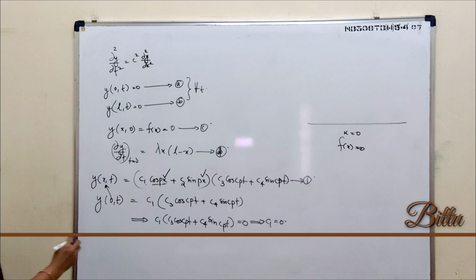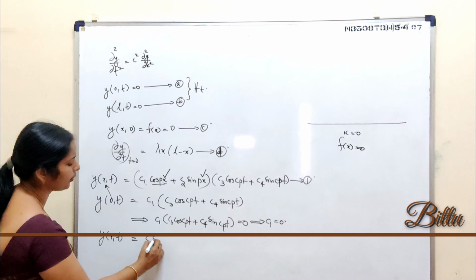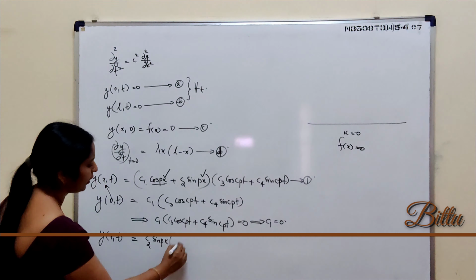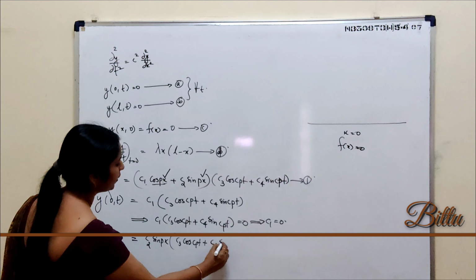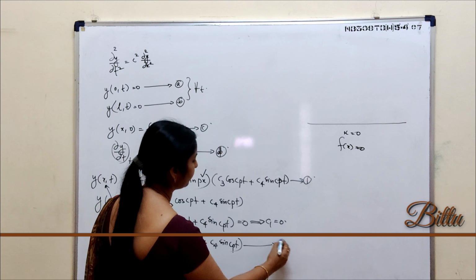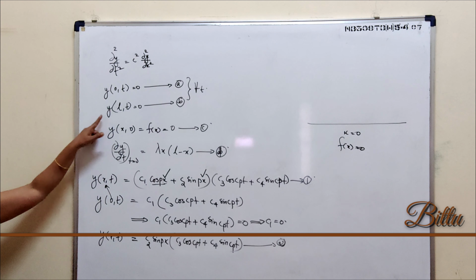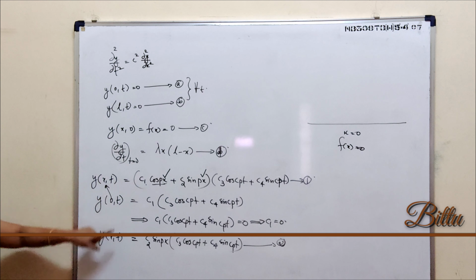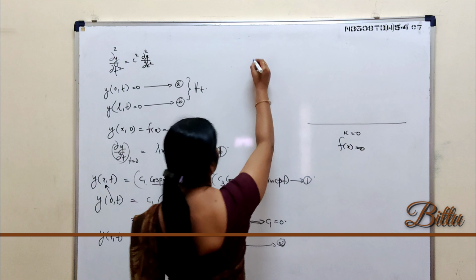You put this in equation number 1. We have y of x,t is equal to c2 sin px into (c3 cos cpt plus c4 sin cpt). That is equation number 2. Next, we have to substitute the condition y of l,t equal to 0 in equation number 2.